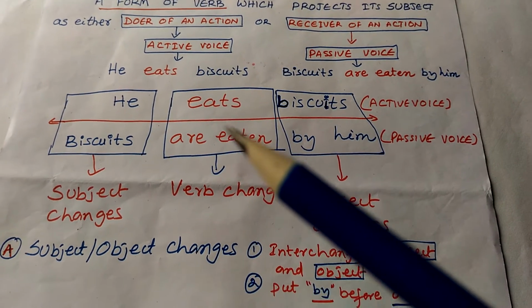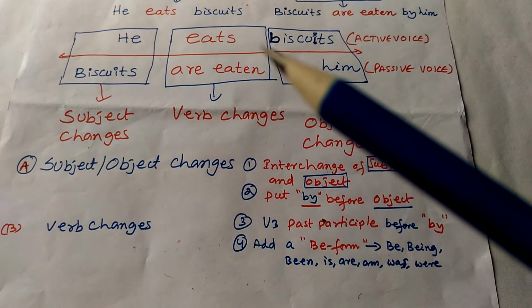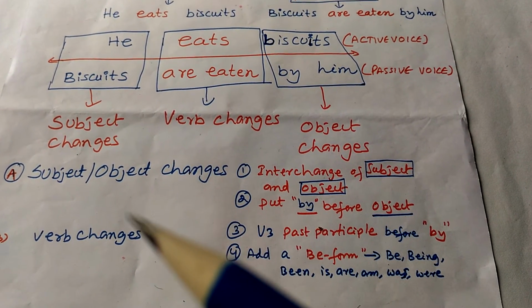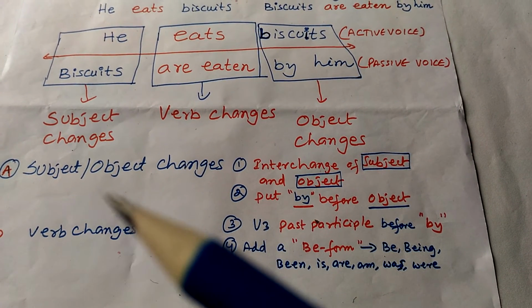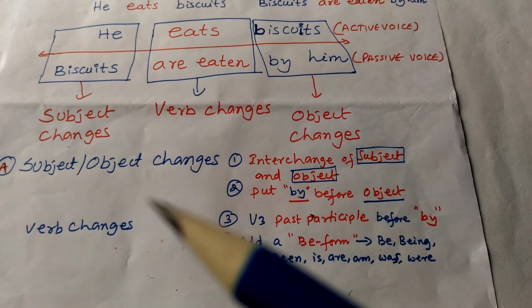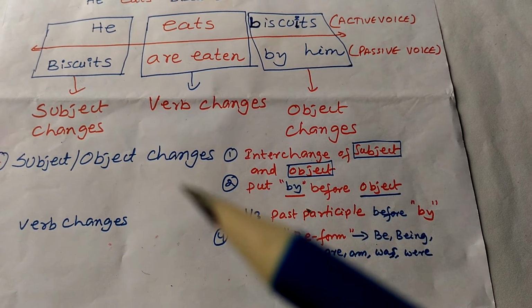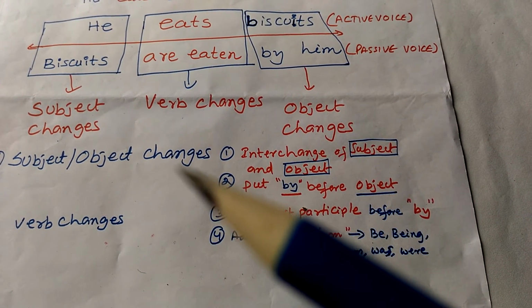So from these two sentences, it is clear that there are two kinds of changes, that is subject and object changes and verb changes. What are the subject and object changes?